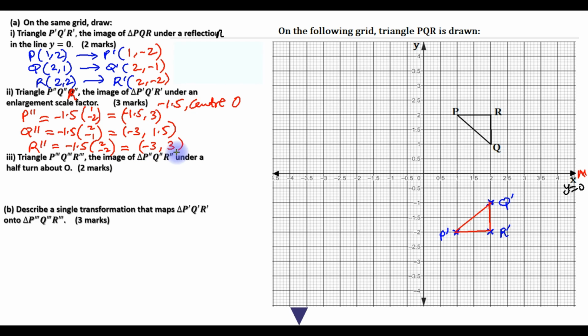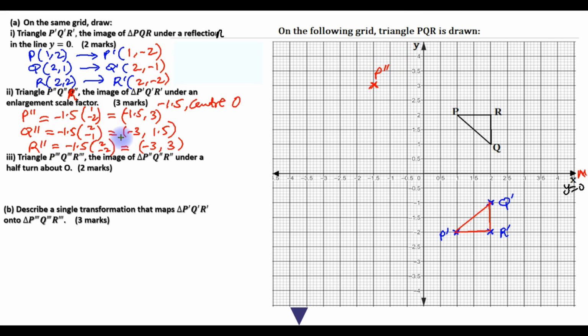So since we have the coordinates of P double prime, Q double prime and R double prime, now we can plot the points. So let us plot the points. So P double prime is minus 1.5, 3. So that's where P double prime is.